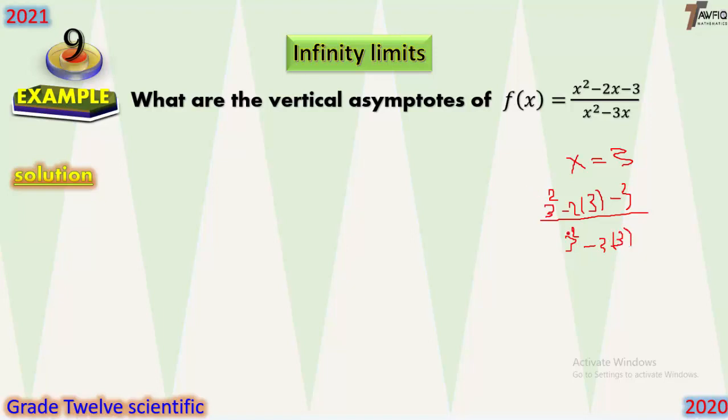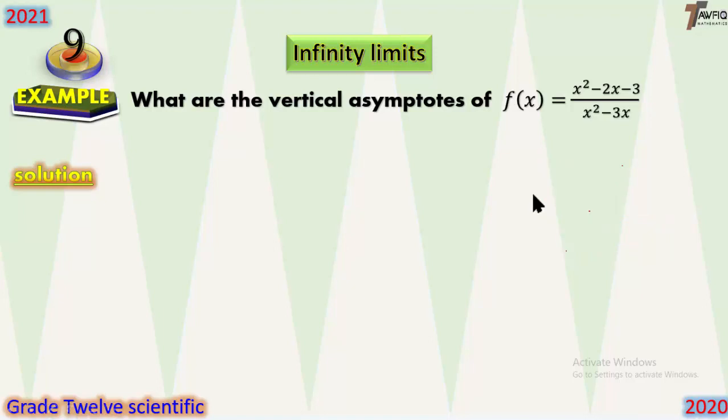As you can see, 3 squared is 9. 2 times 3 is 6. Minus 6 minus 3 is minus 9. 9 minus 9 is 0. Then it becomes 0 over 0. Therefore, x equals 3 is not a vertical asymptote.